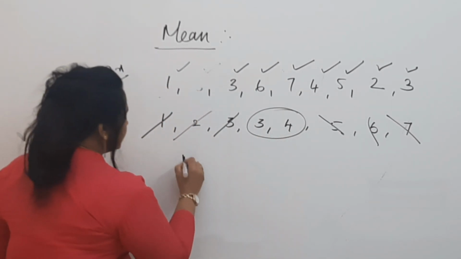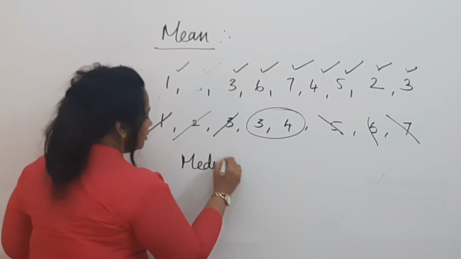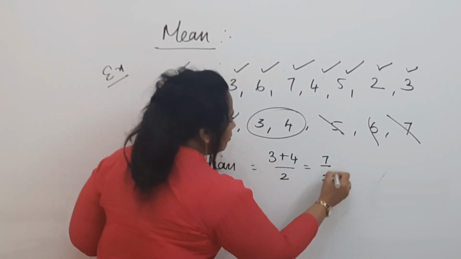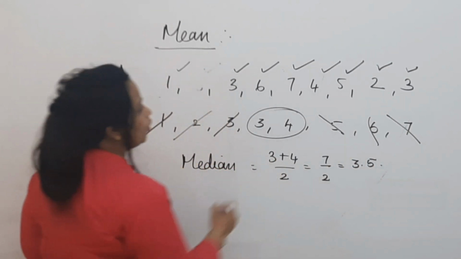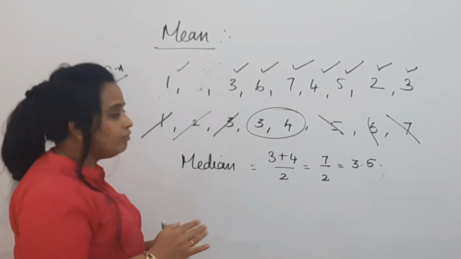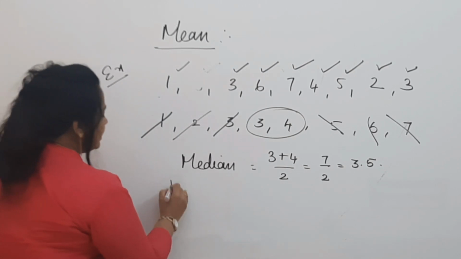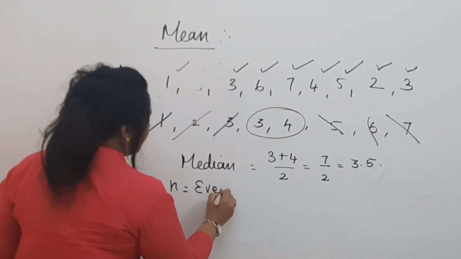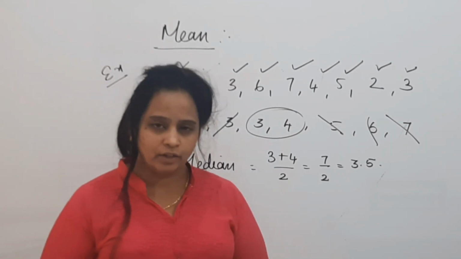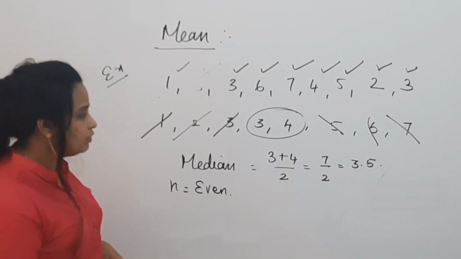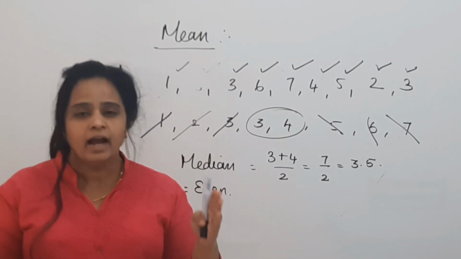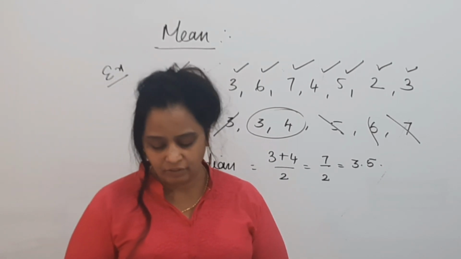So my median is 3 plus 4 divided by 2, which is 7 by 2, that is 3.5. When n is even, I have to find the average of the middle two values. When the number of observations is odd, we arrange it in ascending order, cut it on either side, and you get the middle value.